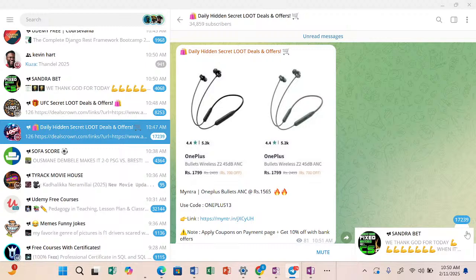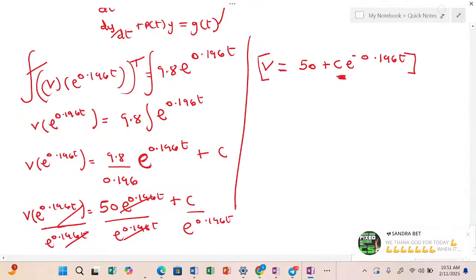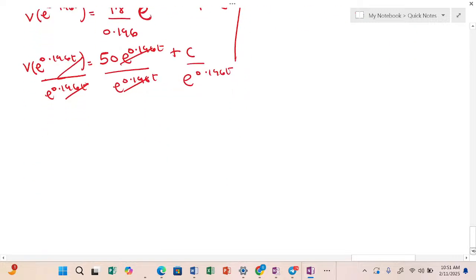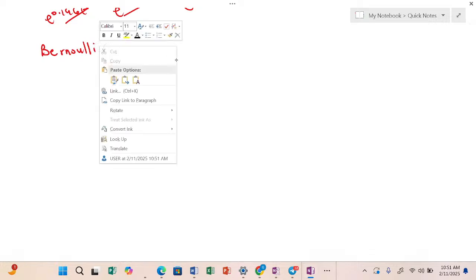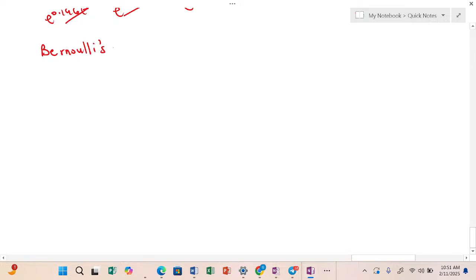So quickly we move on to the Bernoulli equation. Bernoulli is used to solve first order but non-linear differential equations. So the equation should be of first order, but then it is non-linear.